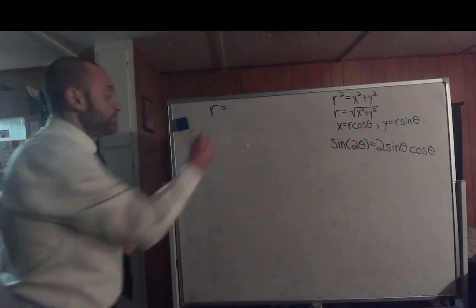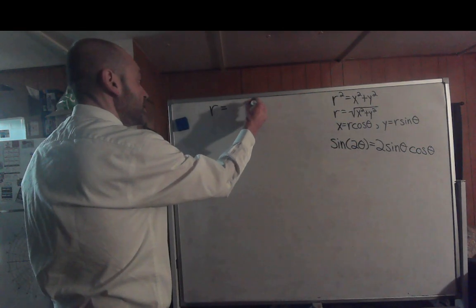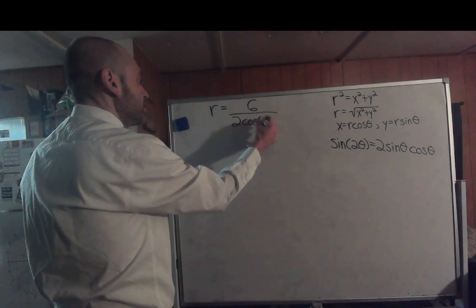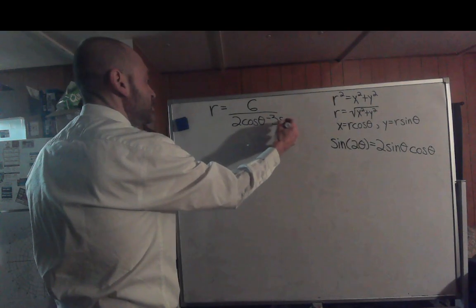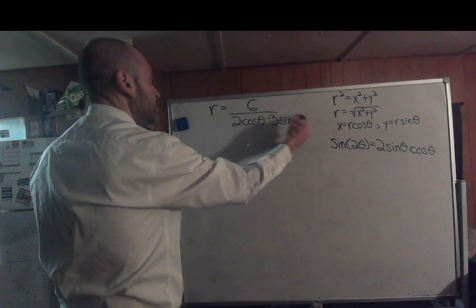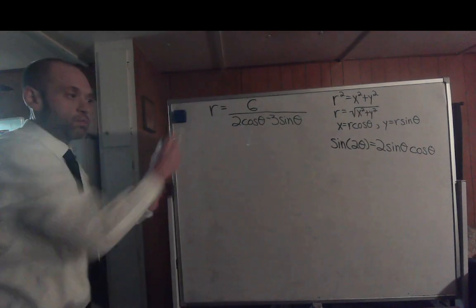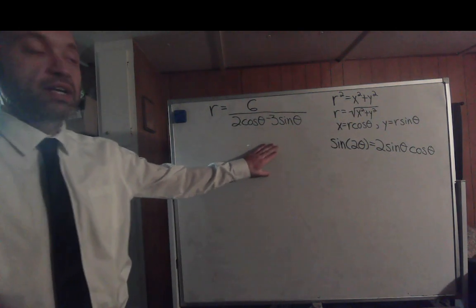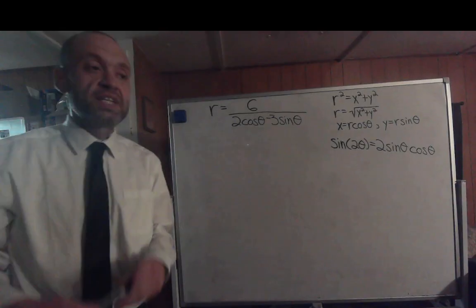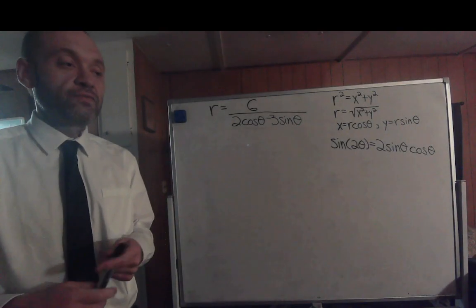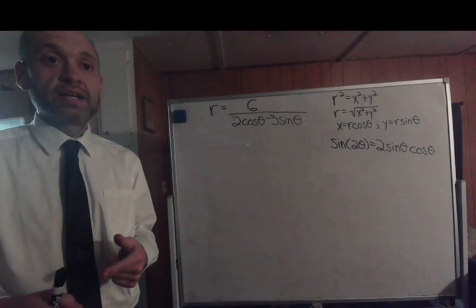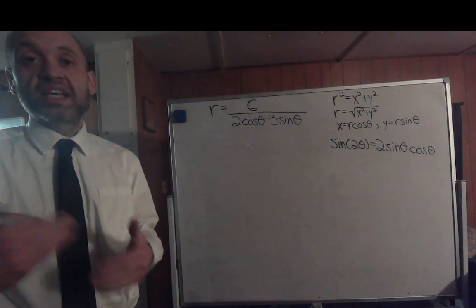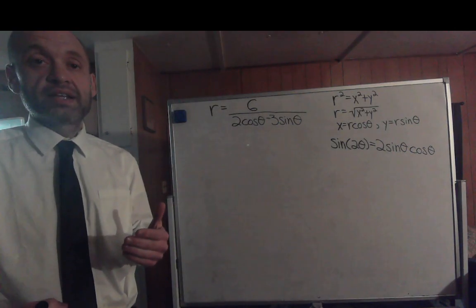Alright, so we have r equals 6 over 2 cosine of theta minus 3 sine of theta. Okay, well, notice something right away. We have two trig functions in the denominator. So far today, with the lines, first we talked about vertical lines or horizontal lines, where you have either secant or cosecant functions on the right-hand side.